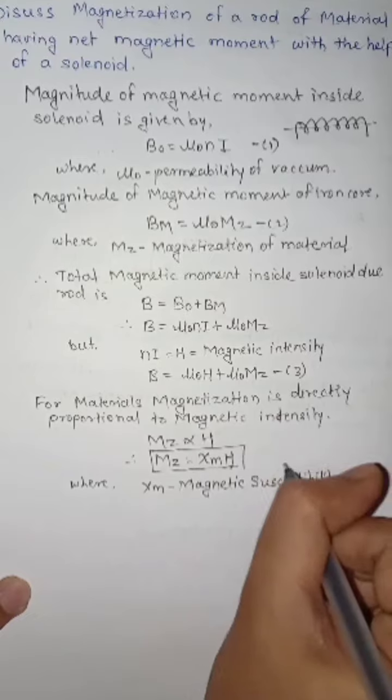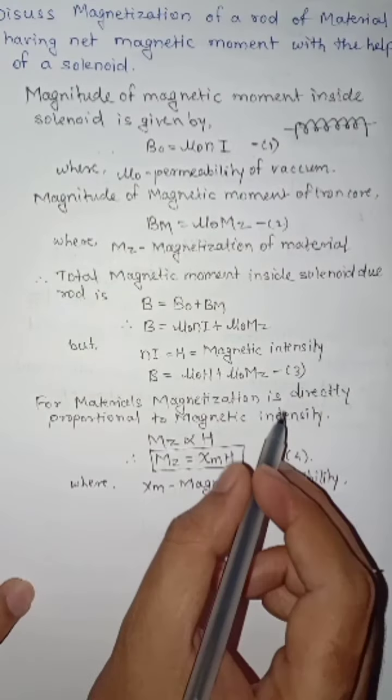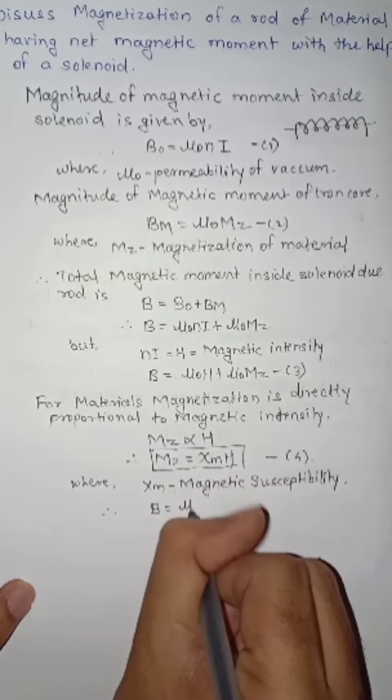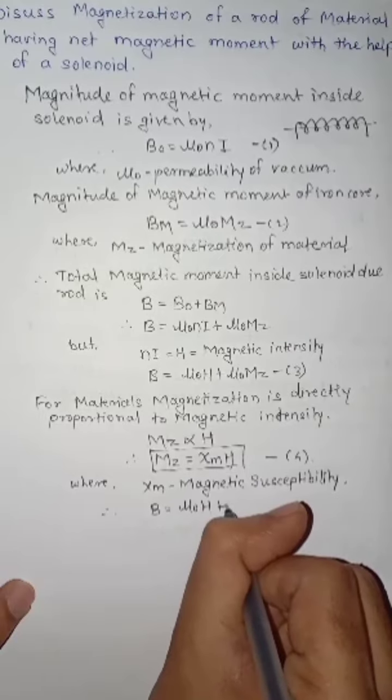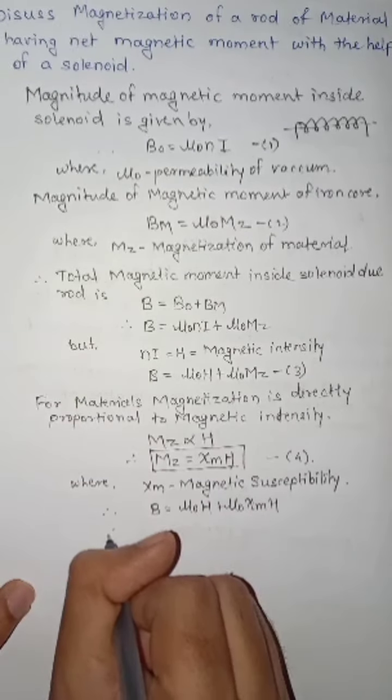Okay, equation number 4. And therefore from equation 3 and 4 we can say that B is equal to mu0 H plus mu0 chi m into H.